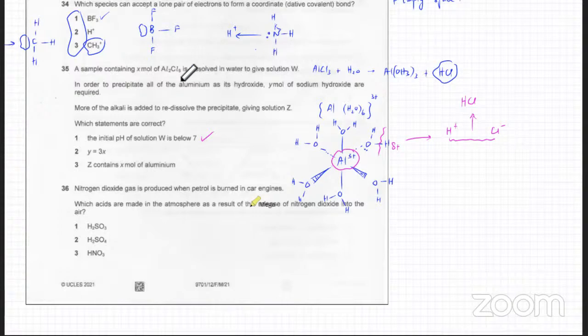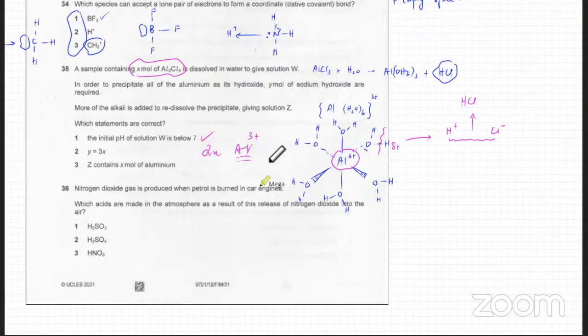X moles of aluminium chloride, remember, is Al2Cl6, which means the solution will have 2x moles of Al3+ ions, because one Al2Cl6 contains 2 aluminium ions. So your solution would contain twice the amount of aluminium ions.